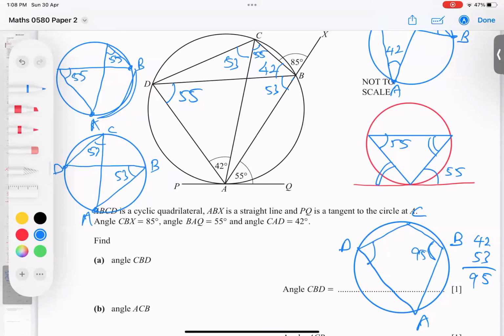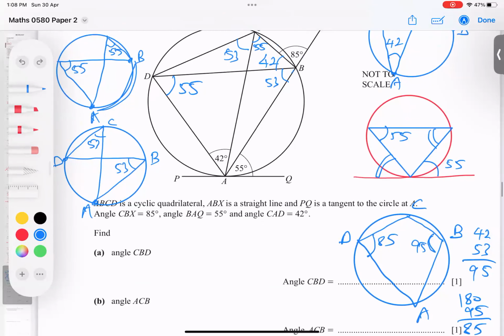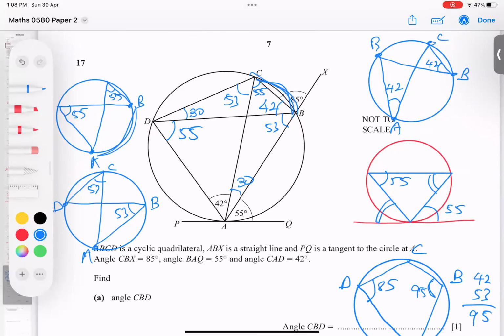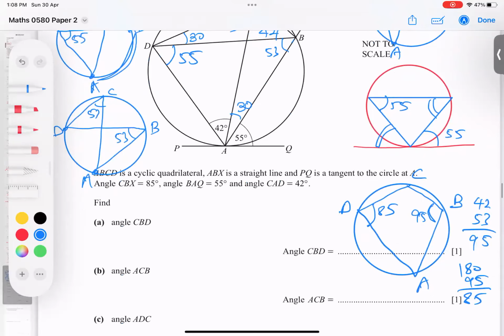How to get this? 180 minus 95. When you subtract 180 minus 95, it becomes 85. So this is 85. And from this full 85, subtract 55. When I subtract 55, I get 30. So this is 30. And if this is 30, this is also 30. How come? Because of the arc length, this and this are the same. So I think we have done almost all of the given statement.